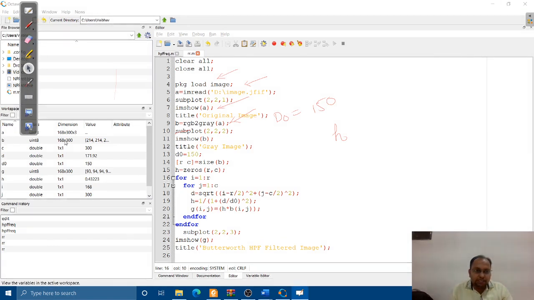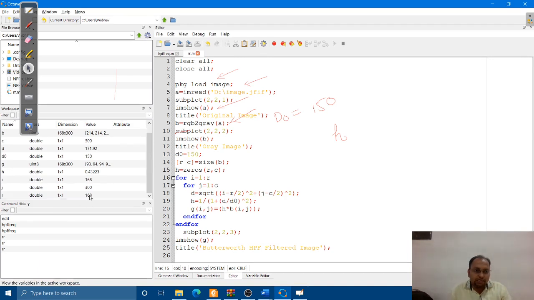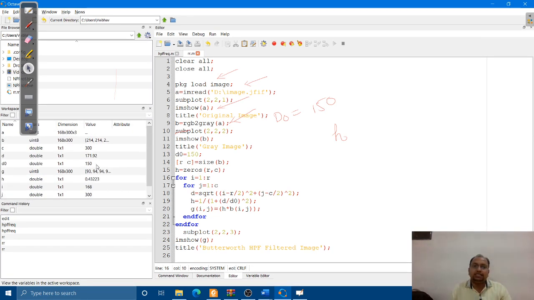B is 168 by 300. So the size of R is 168 and C is 300. Are you getting it? R and C are now holding the sizes, rows and columns.